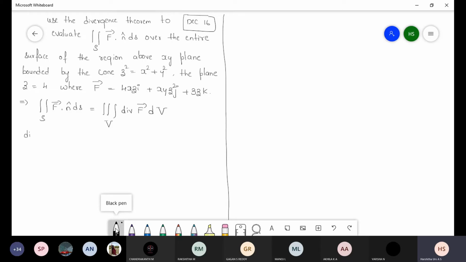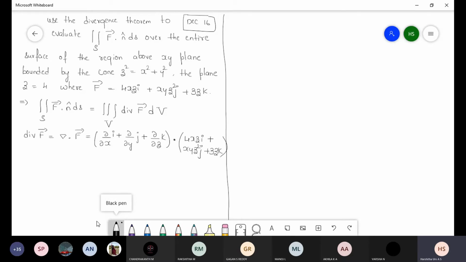So first we have to find the divergence of vector F. We all know the formula, that is del dot vector F. So del is dou by dou x into i, dou by dou y into j, dou by dou z into k, dot vector F, 4xz i plus xyz square j plus 3z k. So this is the formula.